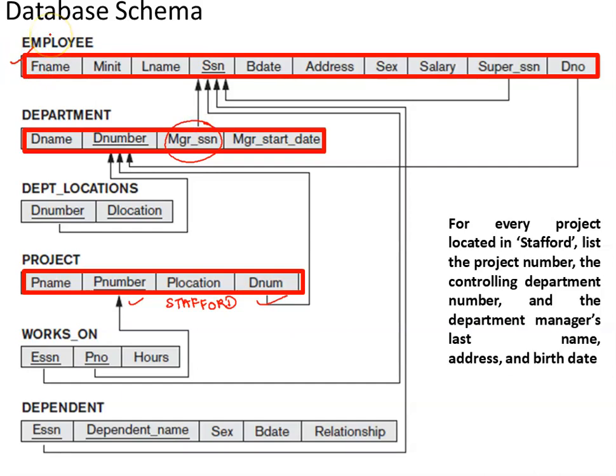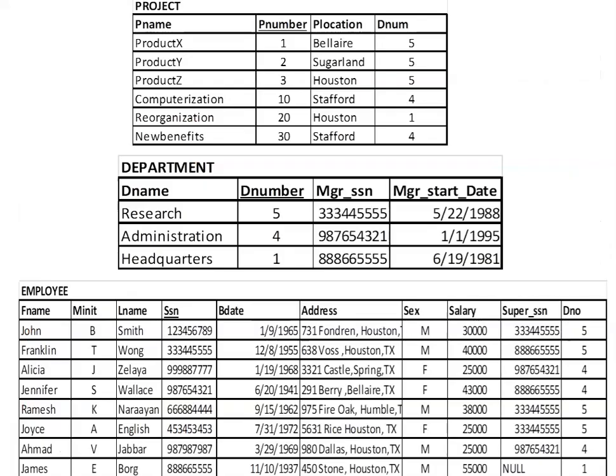We see how we convert it into a relational algebraic statement step by step. Only three relations are required in this case. Applying a select operation on the project relation where the P location equals Stafford.